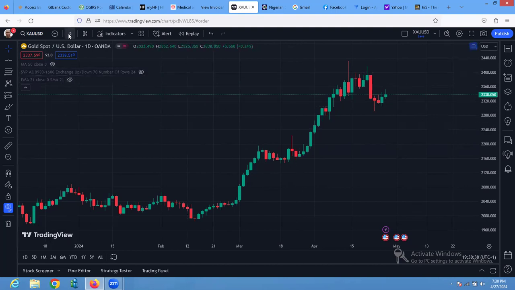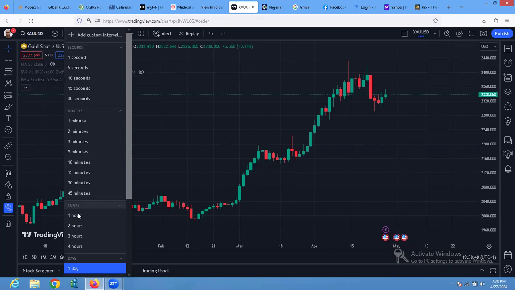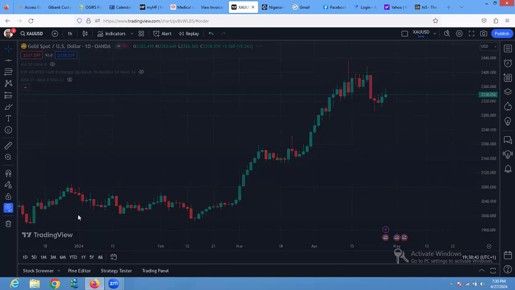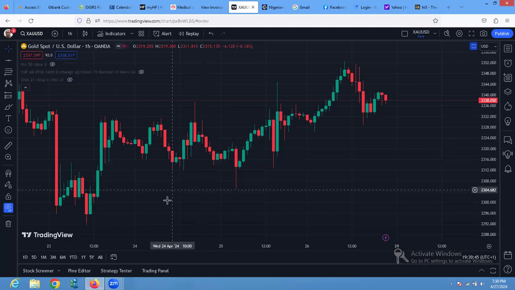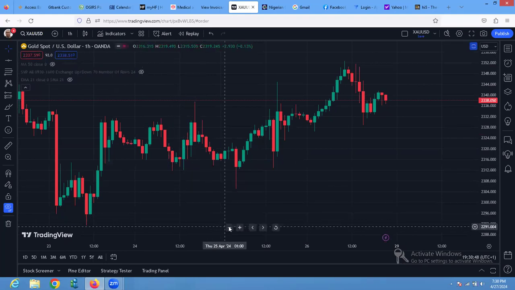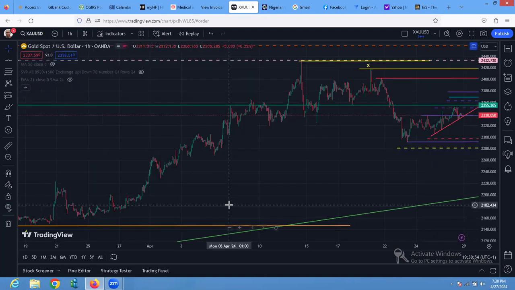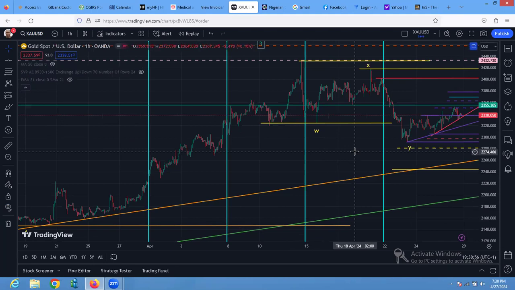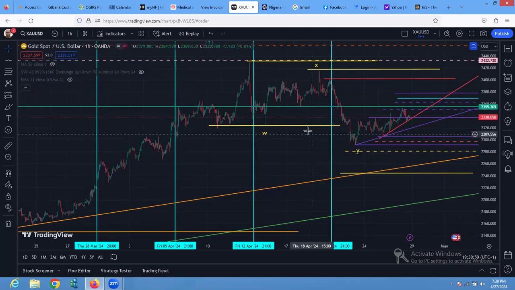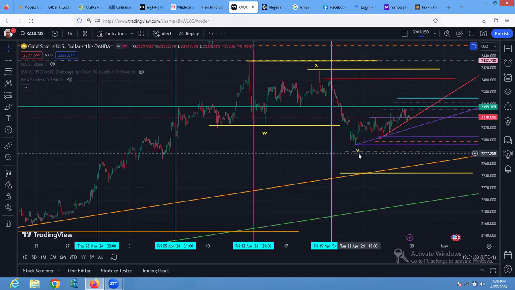Now, going to a lower time frame, let's say the 1 hour time frame, to look at that. So let's bring out our drawing, because this might just be a 1 and a 2, ABC, and this Y here, we may just get WXY, then X, another WXY to the downside, or ABC.